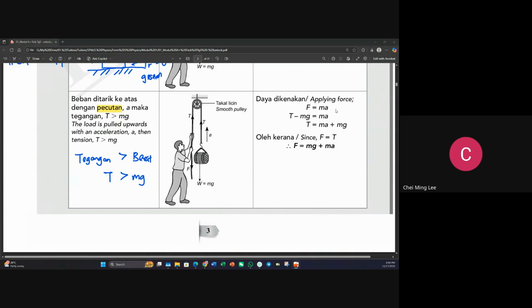Applying F equals ma, T minus mg equals ma. Moving it over, T equals ma plus mg. Since F is equal to T, F equals mg plus ma.